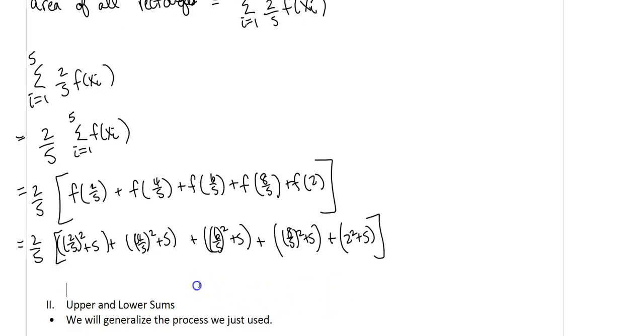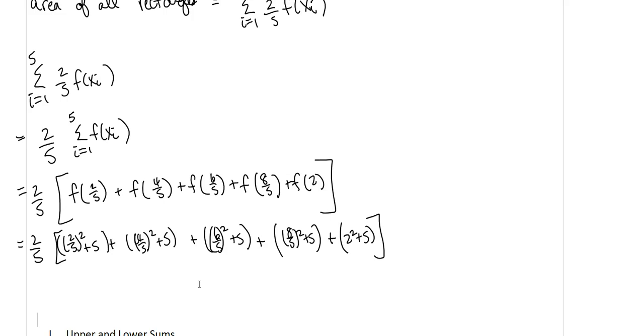And if you add all of that arithmetic together and multiply and everything, you get 338 over 25 units squared, or that actually is 13.52 units squared.